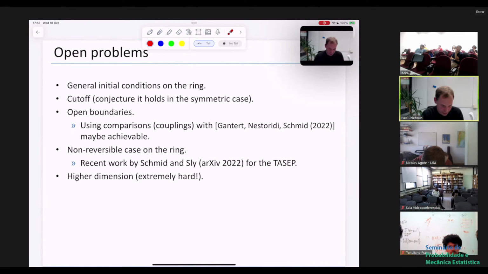So it's probably clear what some of the interesting open problems are from everything that I've just shot through. In particular, I think the first thing to tackle will be general initial conditions on the ring, because there the argument we have is very cheap, and it's clear that something better should exist, although it seems surprisingly difficult.